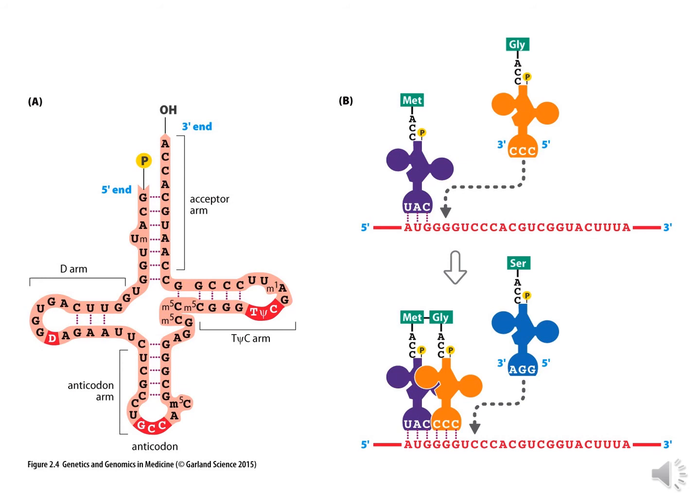You'll notice that tRNA molecules contain unusual nucleotides, for example, 5,6-dihydrouridine, pseudouridine, methylcytidine, methyladenosine, and O-methyluridine.